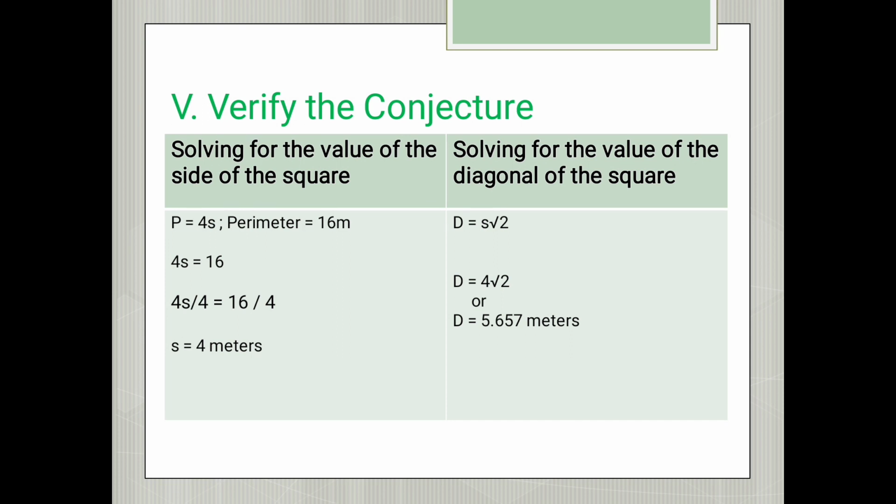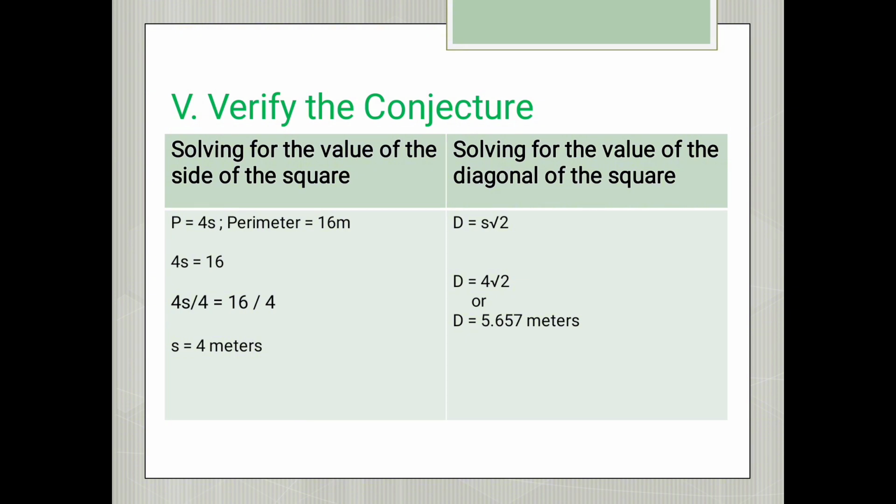So 4 times side equals 16. 4s over 4 equals 16 over 4. Then cancel the 4, and 16 over 4 equals 4. So the value of the side of the square is 4 meters.